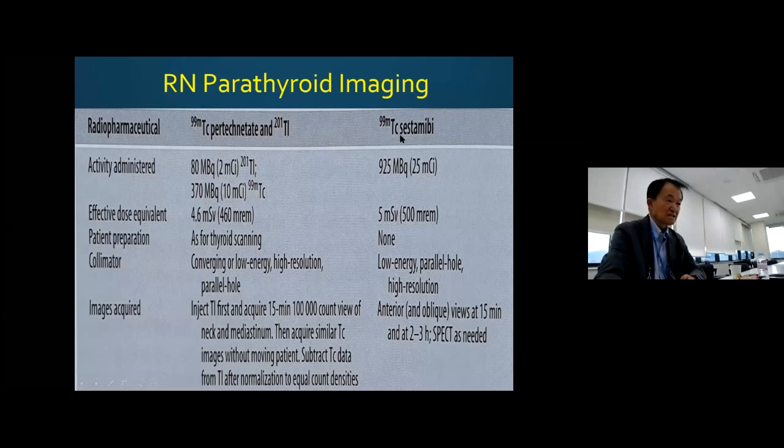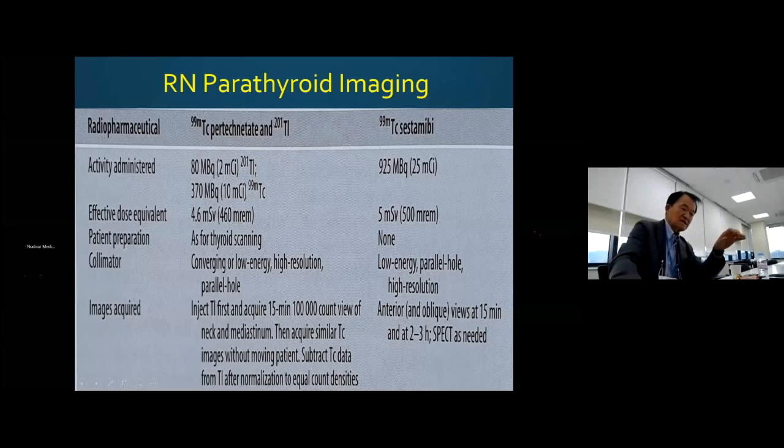So using this mechanism, maybe we use enough dose, 20-25 millicuries, and a low energy parathyroid collimator at high resolution. And then without SPECT, as I said many times, it's overlying soft tissues, all things.